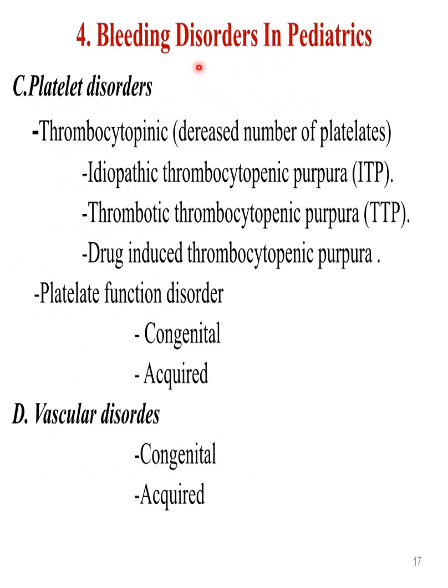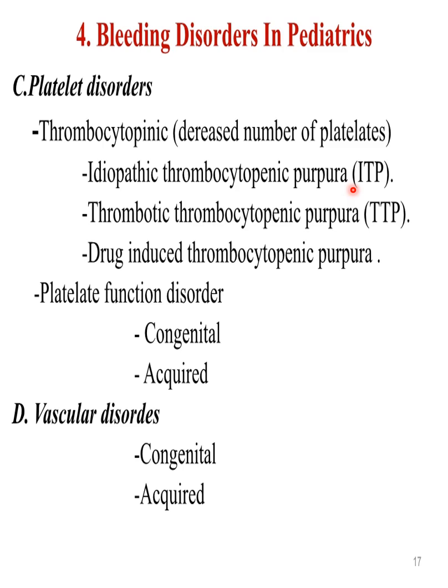Among the bleeding disorders in pediatrics, the platelet disorders are the thrombocytopenias, in which you have a decreased number of platelets. The classical example would be ITP or idiopathic thrombocytopenic purpura. Now in ITP, remember, this is a bleeding disorder, and this is the most common acquired bleeding disorder universally.